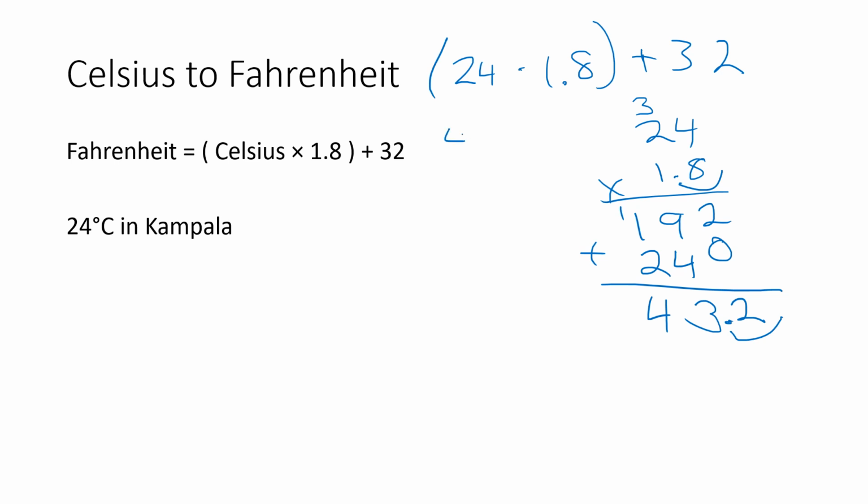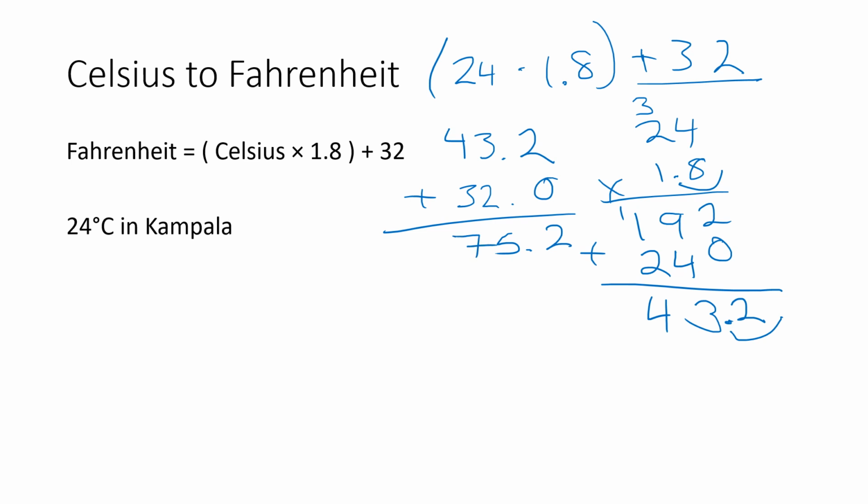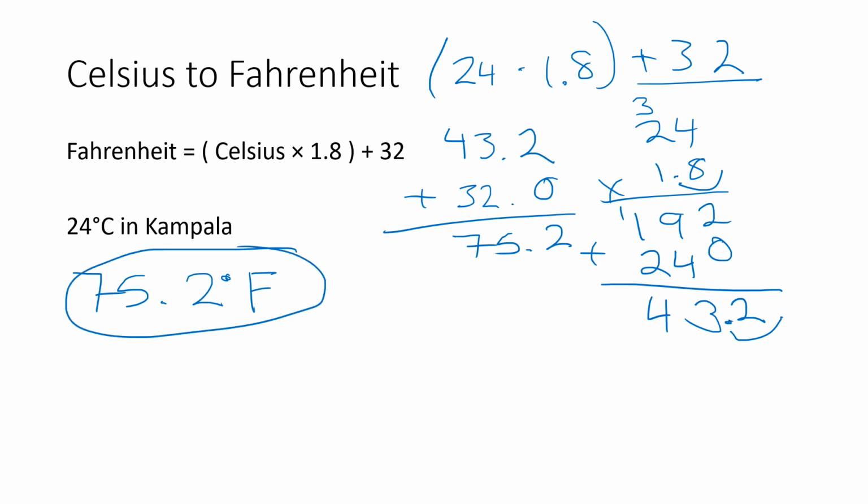So we should get 43.2 and then add 32 to get 75.2. So it's 24 degrees Celsius in Kampala, which means it is 75.2 degrees Fahrenheit in Kampala. Should be very lovely weather. We'll go hang out in the gardens at the Serena Hotel.